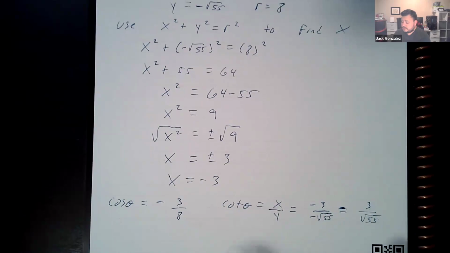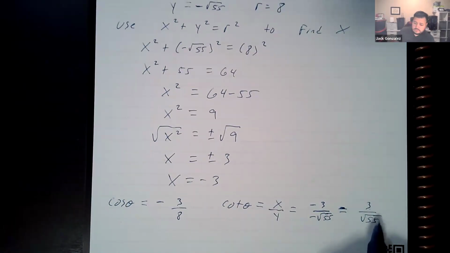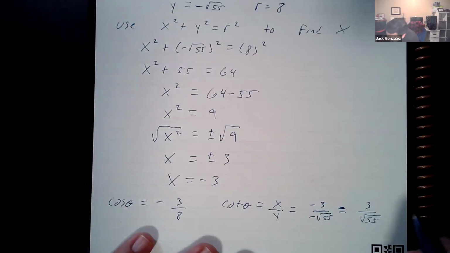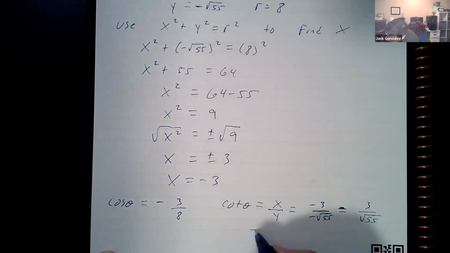Now you might have to rationalize this, but technically this is the answer. I'm out of space. You could multiply the top and bottom by root 55.